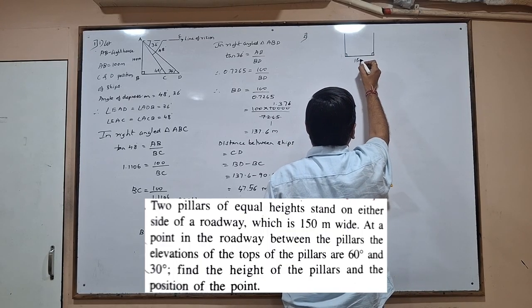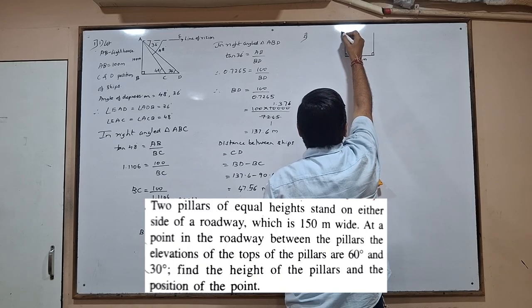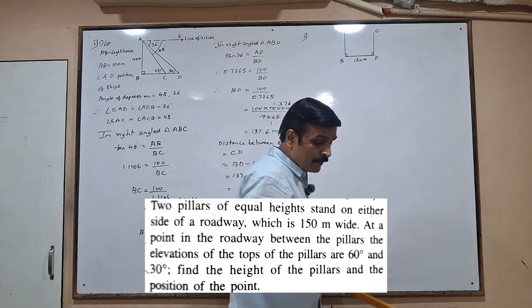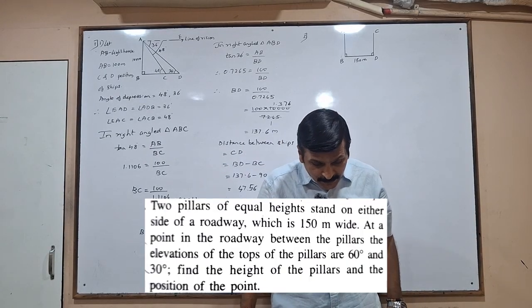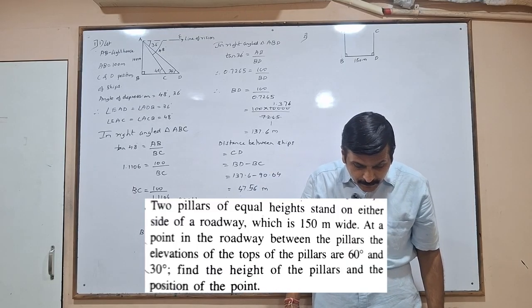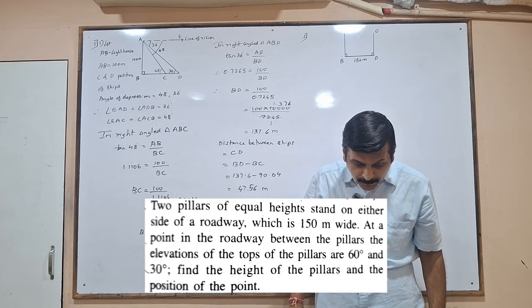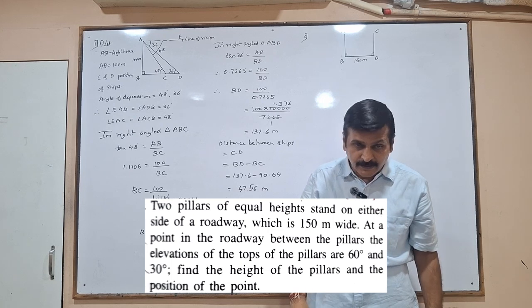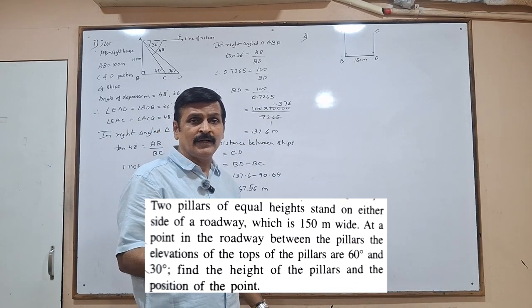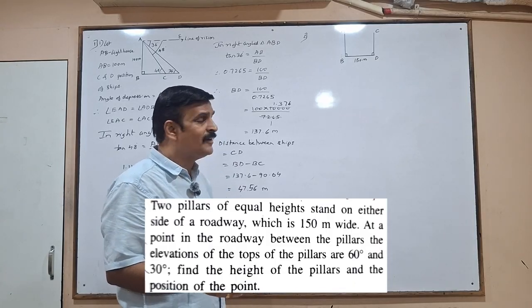This is 150 meter, A, B, C, D. AB is equal to CD. It is given, at a point in the roadway between the pillars, the elevations of the tops of the pillars are 60 degree and 30 degree.